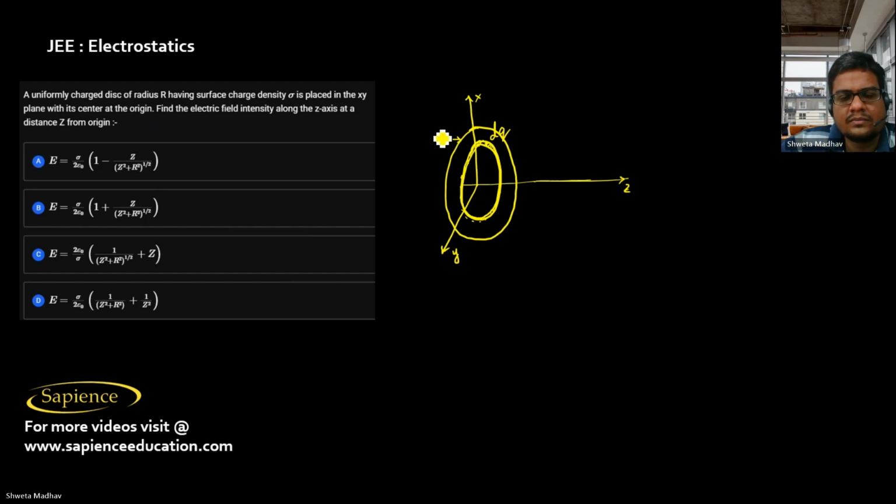The net charge is q, which is sigma into pi r square. The surface charge density is uniform. Now at a distance z, how much will be the electric field?